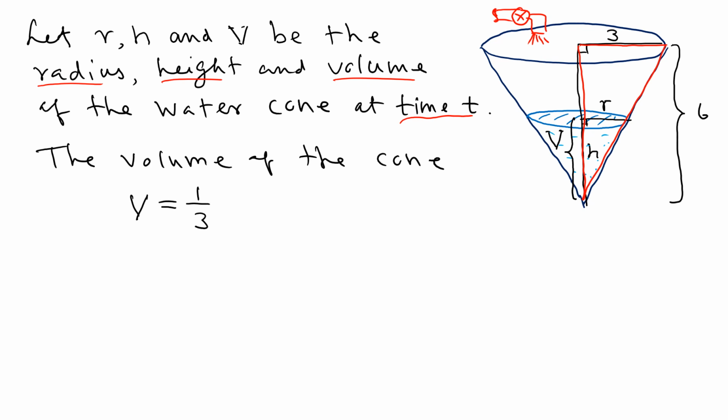You can see all the cone shaped ones have a 1/3, even the volume of a sphere. Pi r squared, that's the base area, times the height. That's a formula you have to remember. Okay, so V equals 1/3 pi r squared h.